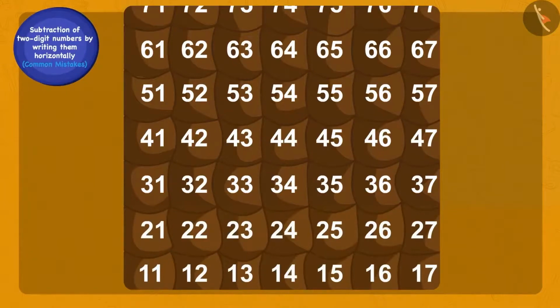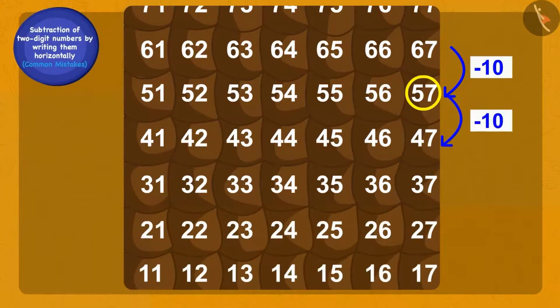Bhola first took one jump down from 67 on the grid, and thus by subtracting 10, he reached 57. Now he made another jump down, subtracting 10 again. So which number did he reach? 47. Absolutely correct.